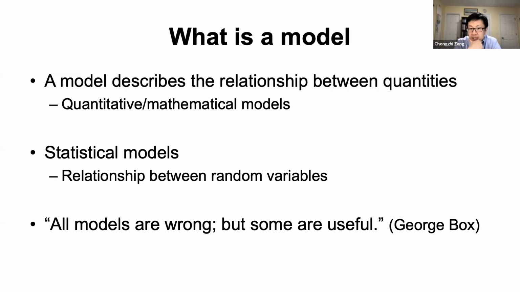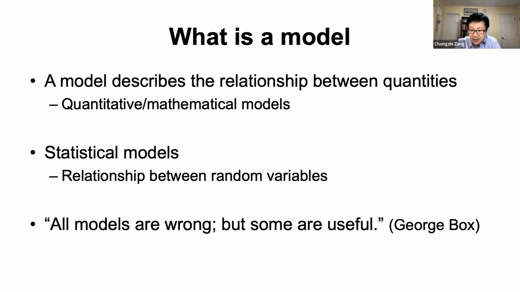It's only useful when we use the model to describe the relationship between the variables or the quantities within the scope of our study, of our experiments. The model itself is not a scientific theory.